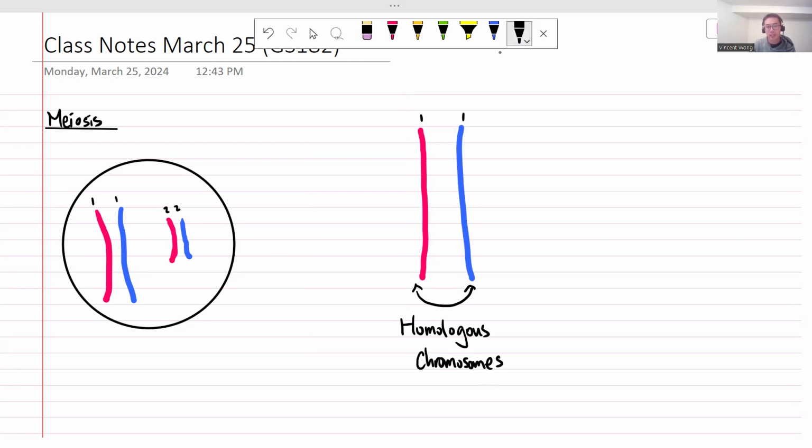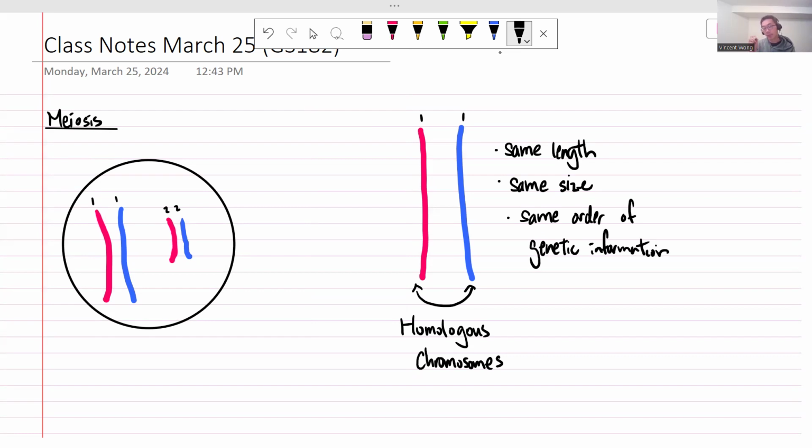Okay, they are the same length, same size, and they have the same order of genetic information.